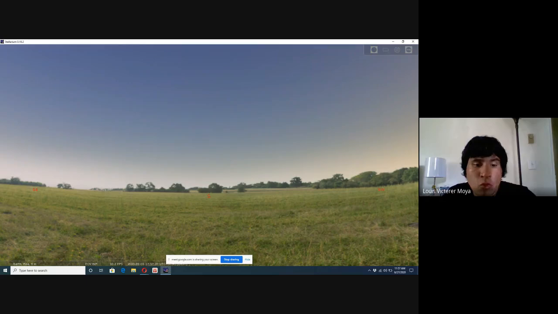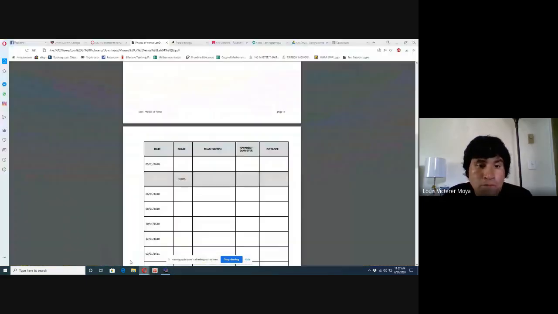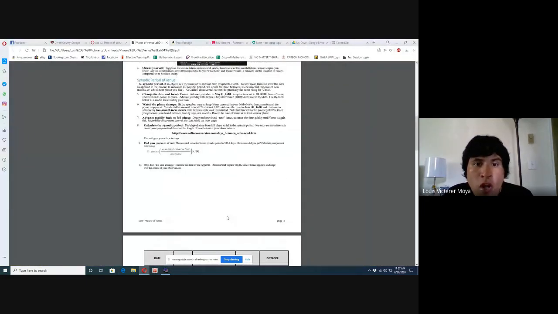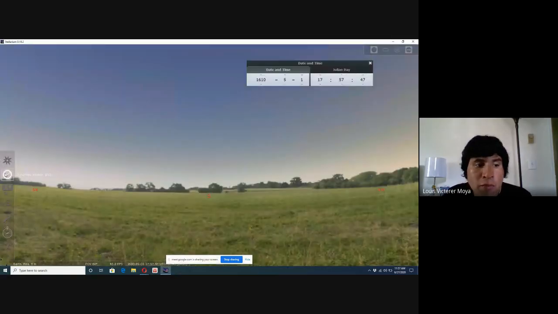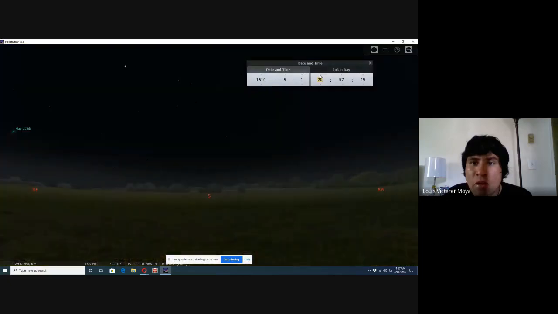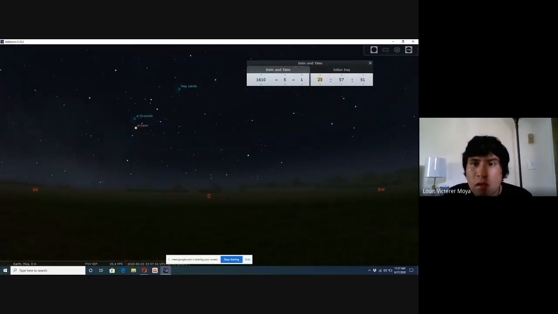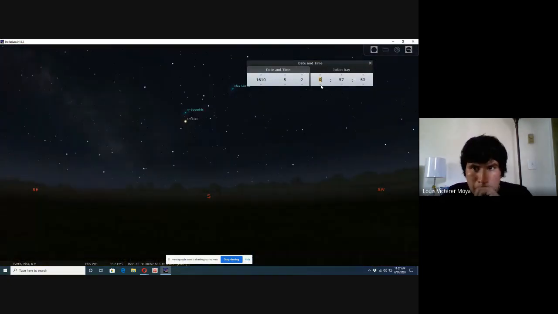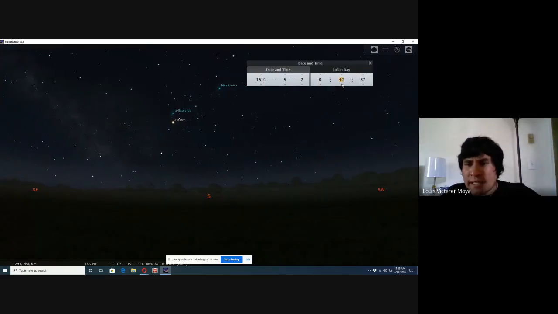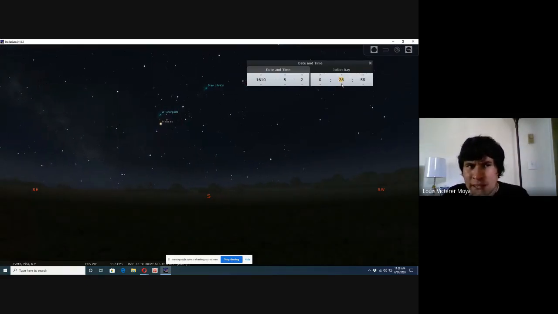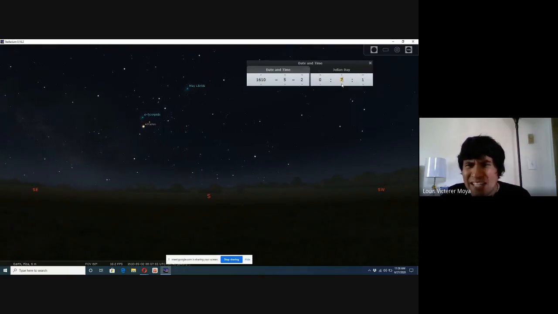Now, the difference between Venus and the moon is that you will only observe the phases if you observe Venus over a period of a year, because it takes approximately less than a year for Venus to go around the sun.